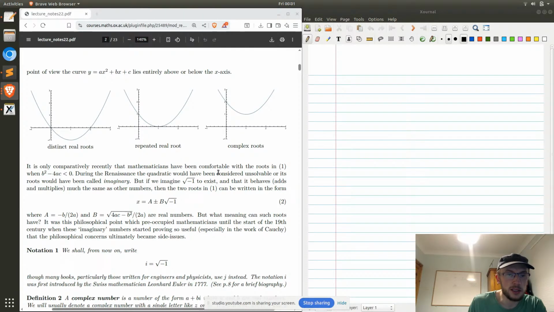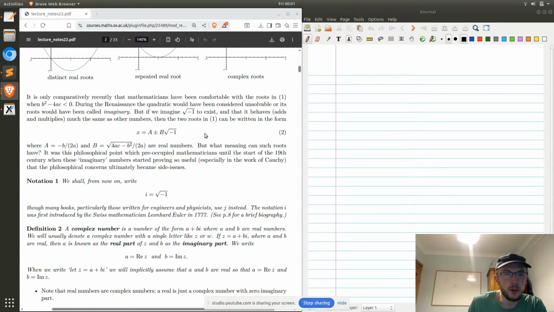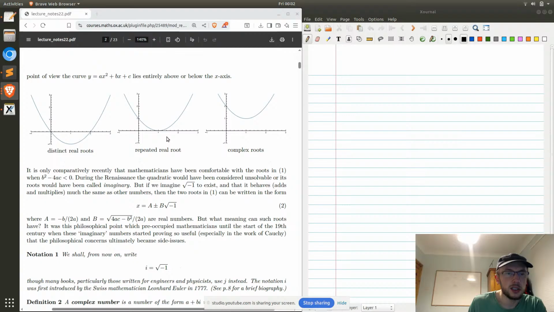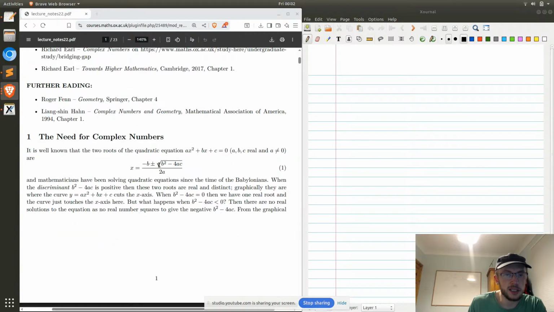But if we imagine the root of negative 1 to exist, and that it adds and multiplies much the same as other numbers, then the two roots in Formula 1 can be written in the form x equals a plus or minus b times root of negative 1, where a is negative b over 2a, which makes sense, just partitioning the fraction into two pieces.